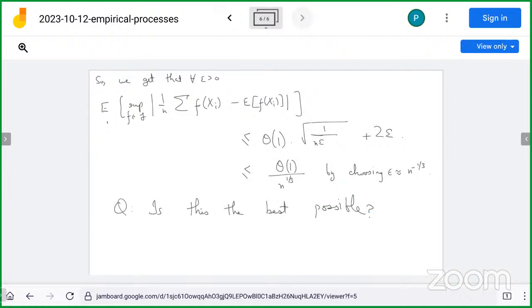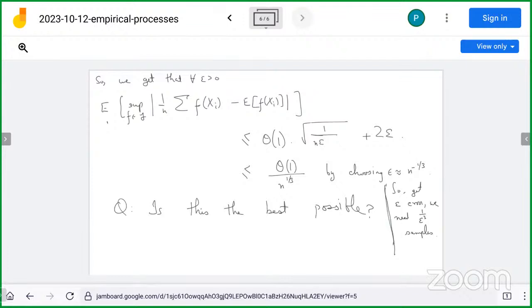Up to log factors in n, no, actually the claim is that it is not.